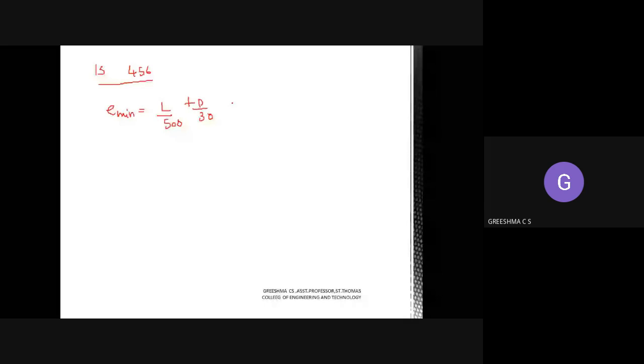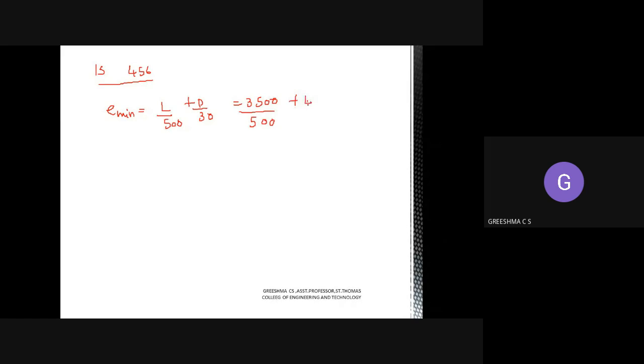So that is 3500 divided by 500 plus 400 divided by 30. You will get the value of 20.33. So IS code is telling that minimum you should have a value of 20 mm.